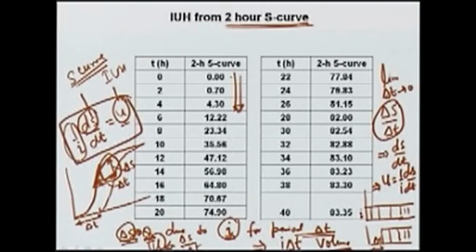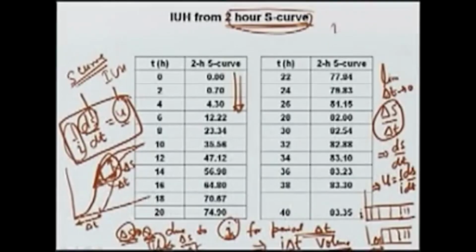So, once we derive a 2-hour S curve, we can obtain the slope of the S curve at any point divided by the intensity. In this case, since it is a 2-hour S curve, I will be 1 by 2 centimeter per hour.